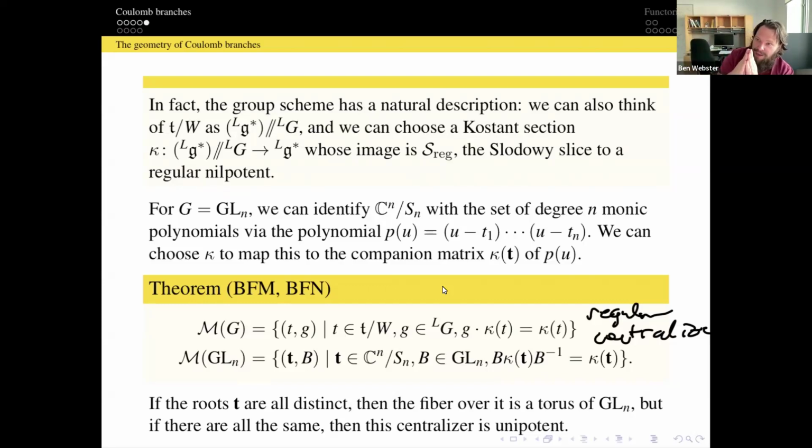And if I set all my guys equal, what I'm looking at is a single Jordan block. And I'm looking at the centralizer of that, which is actually unipotent. Well, sorry, it's unipotent times scalars. So it would be unipotent if I looked in SLN.